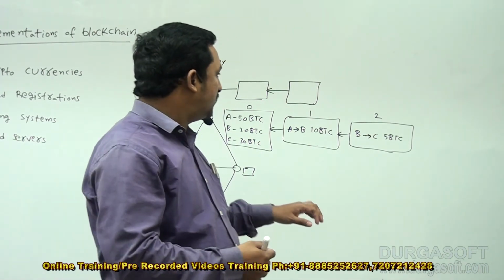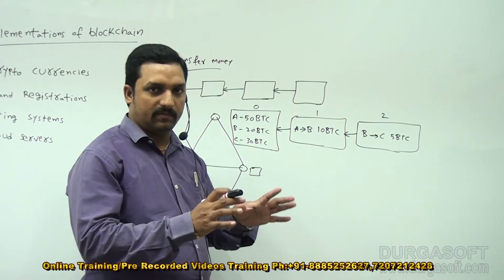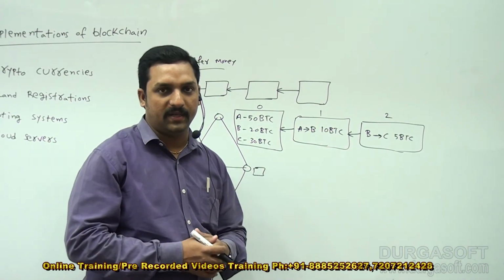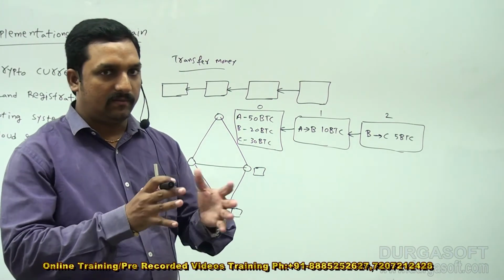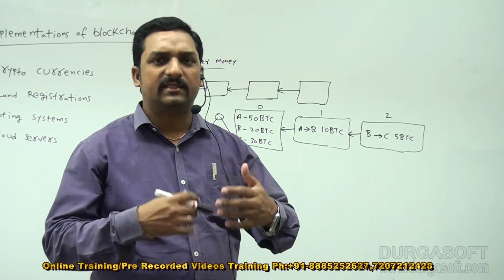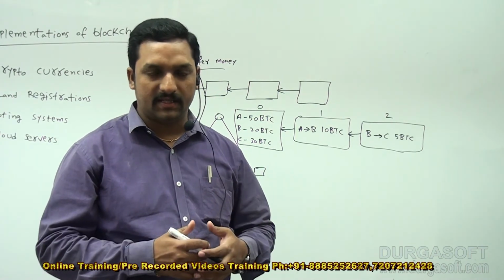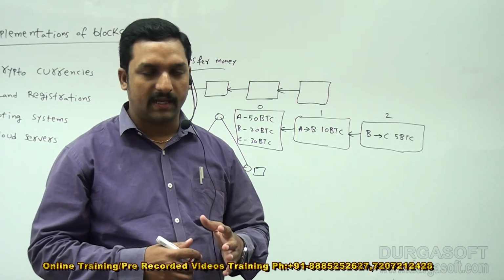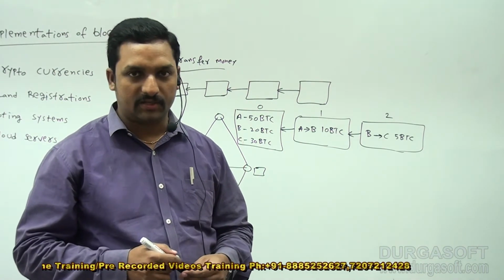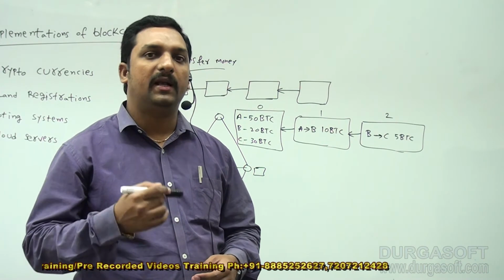But actually, this example I have taken just for sample demonstration purposes. Practically, what happens is that within 1 minute, suppose lakhs of users worldwide are using Bitcoin at the same time. So it's not like one block contains only one transaction. Actually, a block may contain multiple transactions.